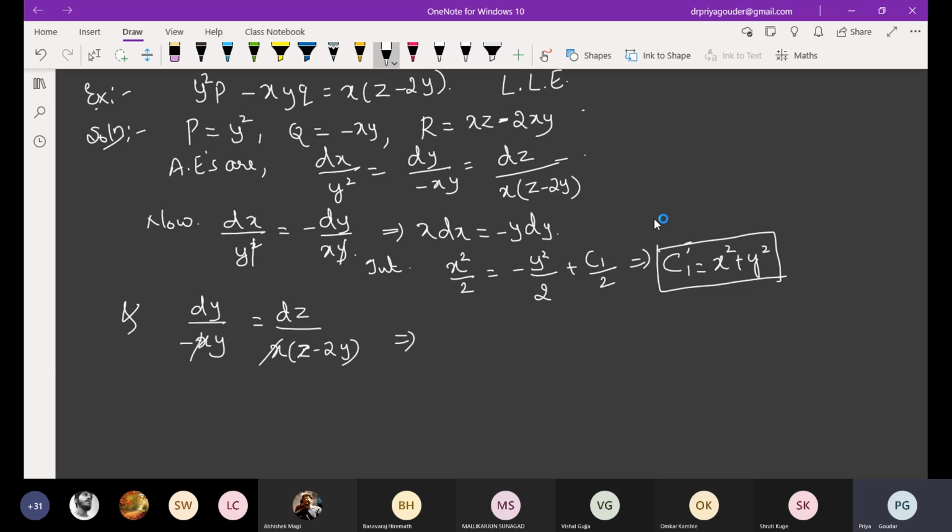It's not, because along with dz you have y also. So better cross multiply, no other option left. Here it is in terms of y, so cross multiply. So this is dy into z minus 2y, which means what will we get? z dy minus 2y dy. Am I correct?